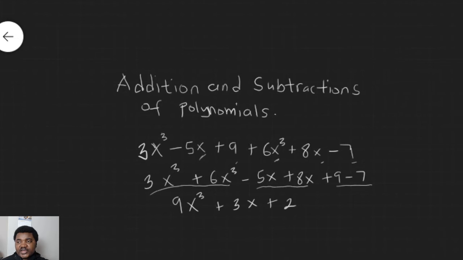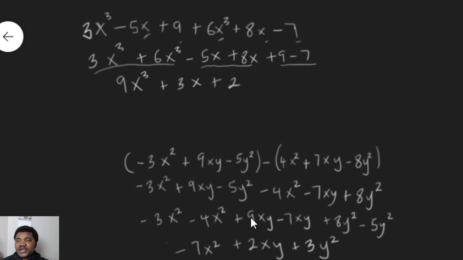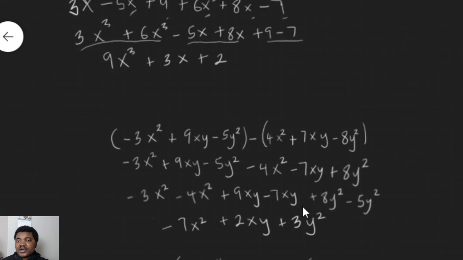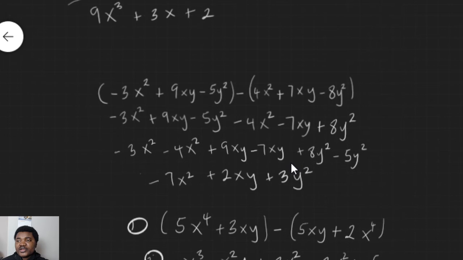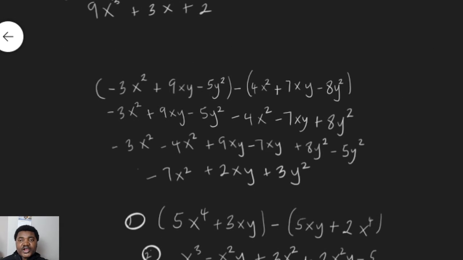Let's look at another example that has parentheses or brackets. Anytime you have the brackets, you need to remove the brackets first. So this problem says the first parenthesis is negative 3x squared plus 9xy minus 5y squared.